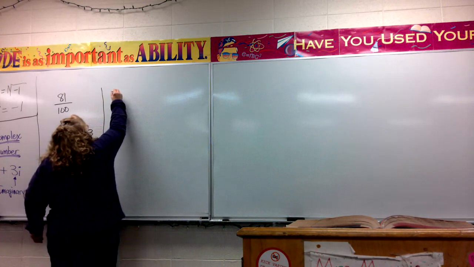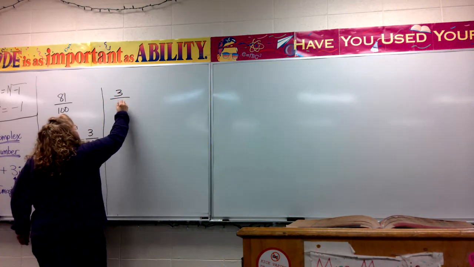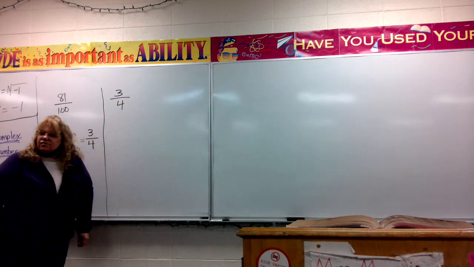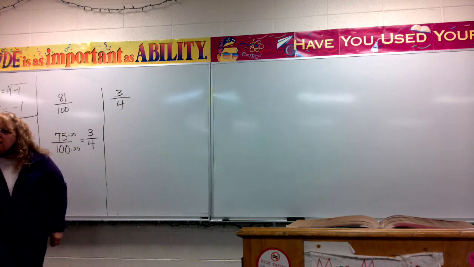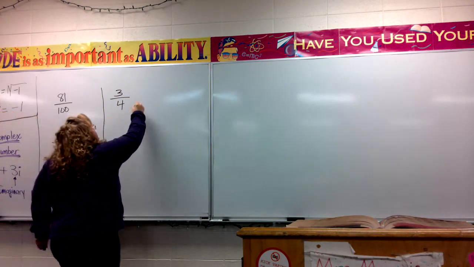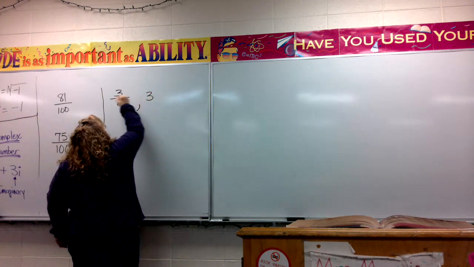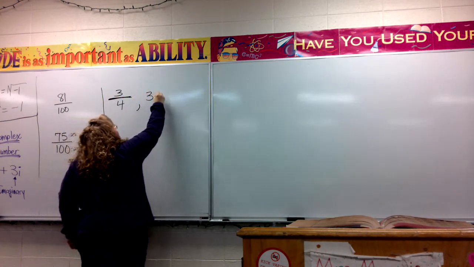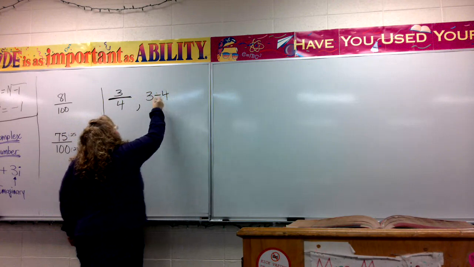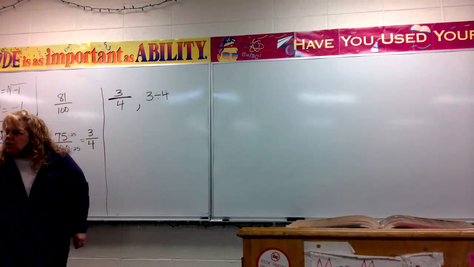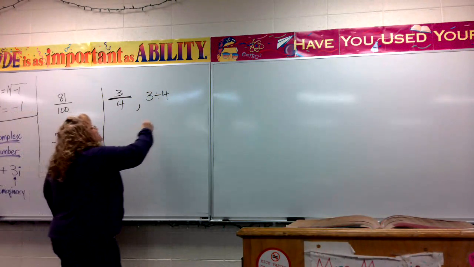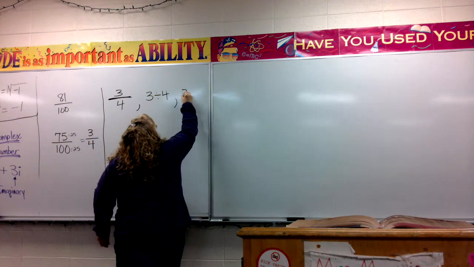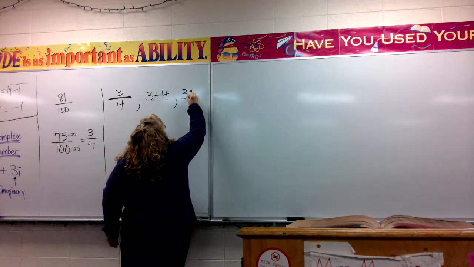I like to write it like this. I like to write it as a fraction. But you can also write it as, what does the fraction line mean again? Divide by. So you could write it as 3 divided by 4. And you also could write it with a colon.